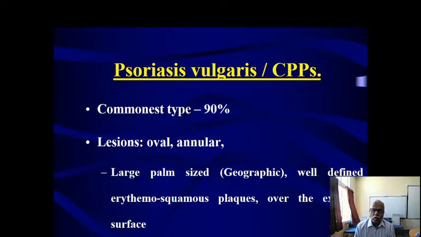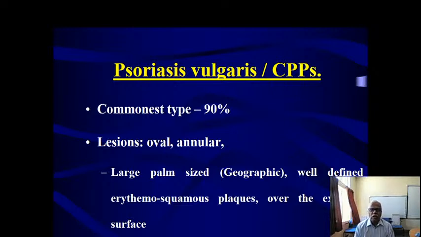So now we will go through the various clinical types, what we see in our day-to-day practice, how they present. So the commonest presentation is psoriasis vulgaris, otherwise called chronic plaque psoriasis.